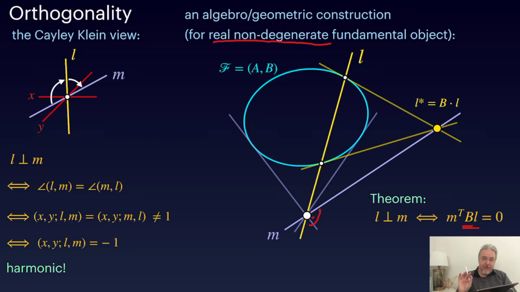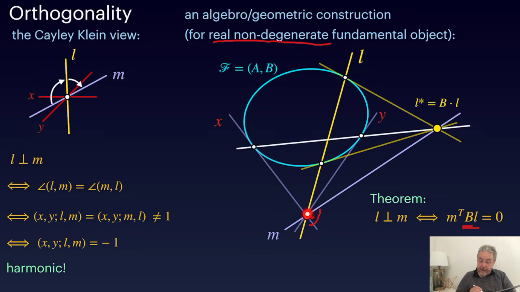And now you have to be a little bit tricky to see that this is indeed the case, and we have to refer to several statements that we had before. So first thing, let's take this point here and draw the polar of that point.